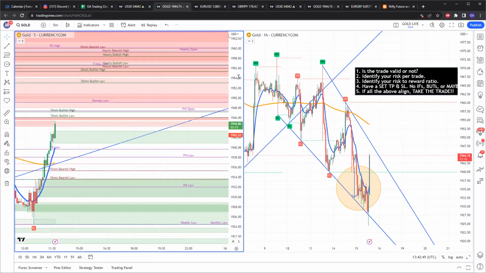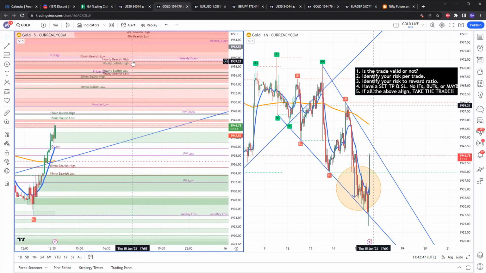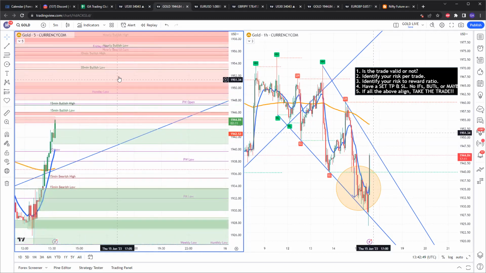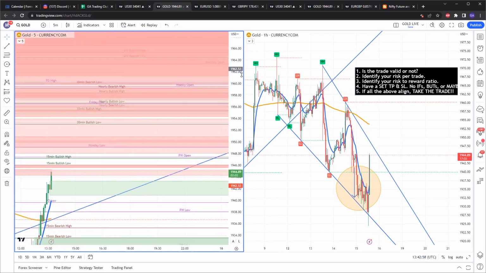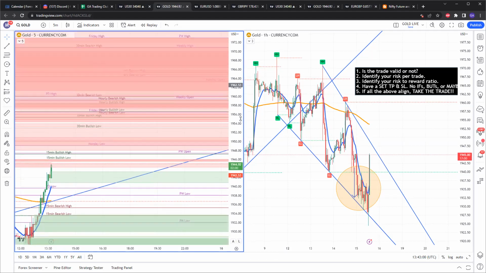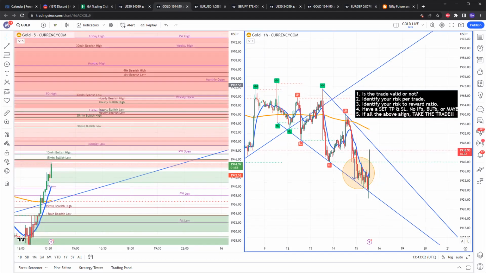The next sell zone on gold is around 1960, 1958 area. That's where we have hourly bearish low, hourly bearish high, but we also have an hourly bullish high and hourly bullish low, so technically those two cancel out. So for me, I do see gold to keep pumping for now.